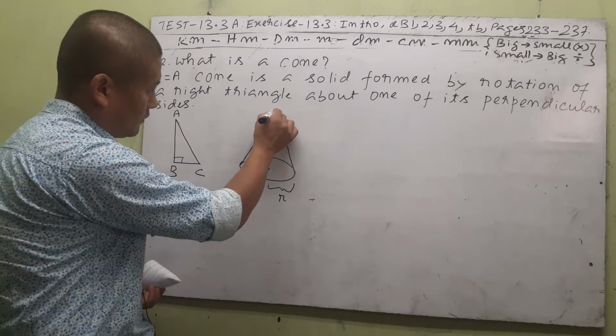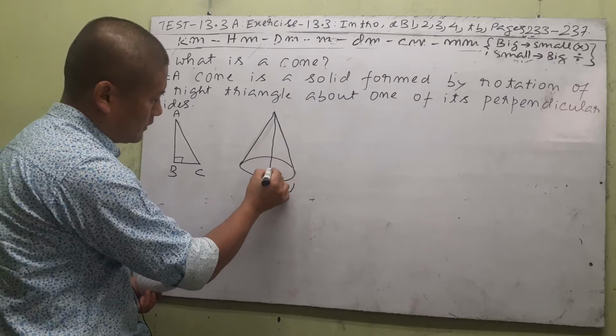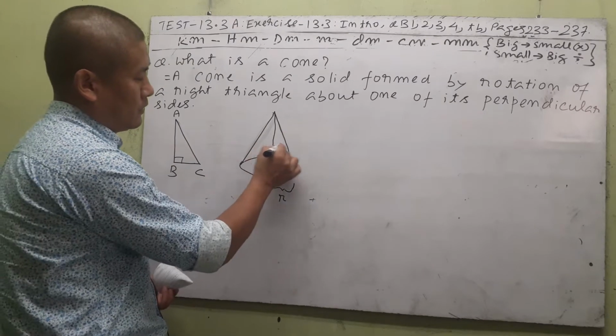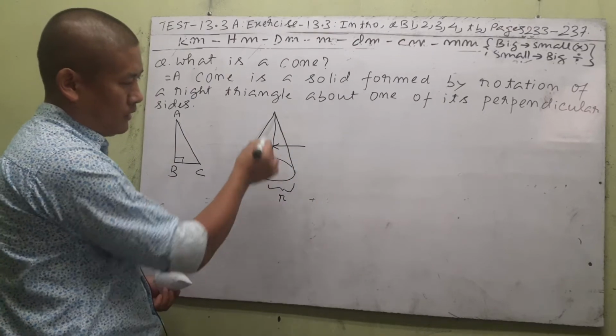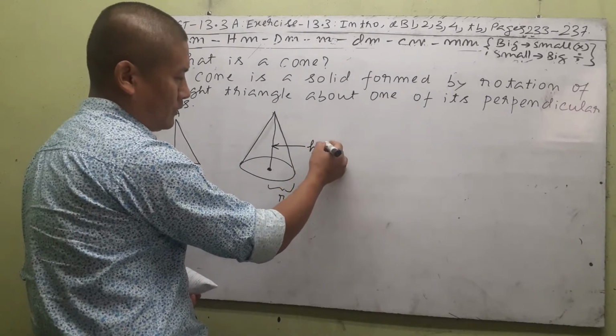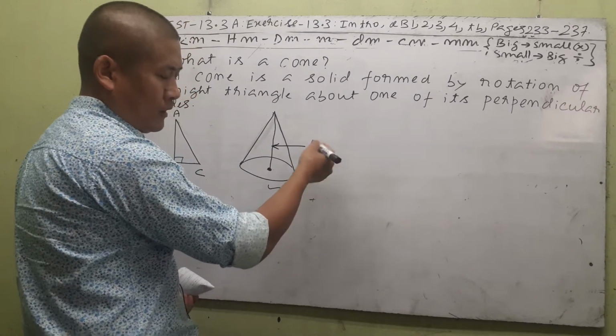So from the vertex you join it to the center of the circular base. This is the center. That distance or line is called height, or it is also called vertical height.